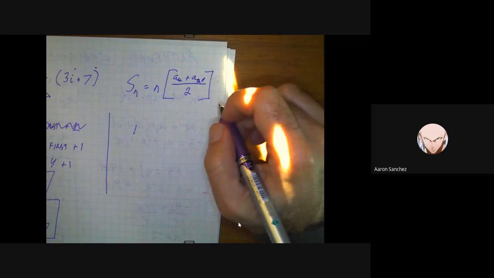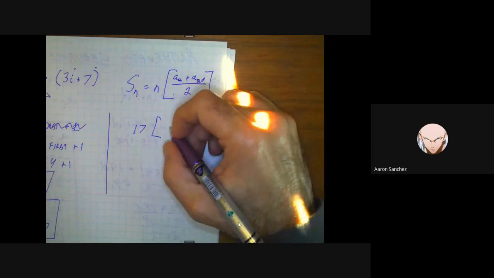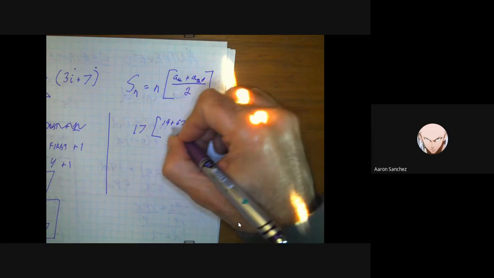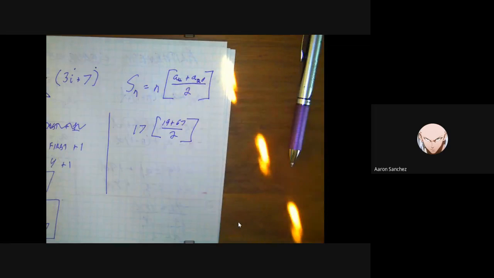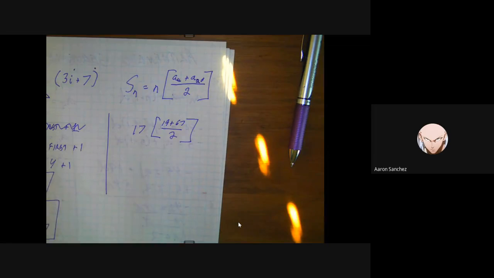So go ahead and solve that. 19 plus 67. So just add those two, divide by 2, and then multiply everything by 17.